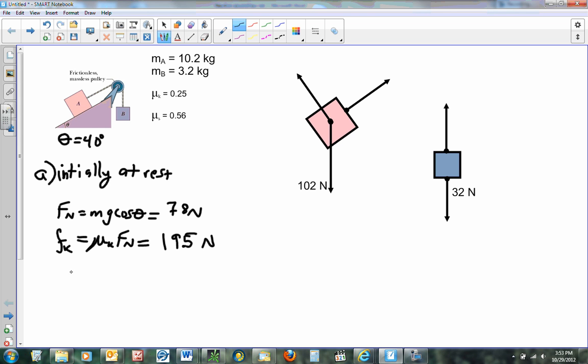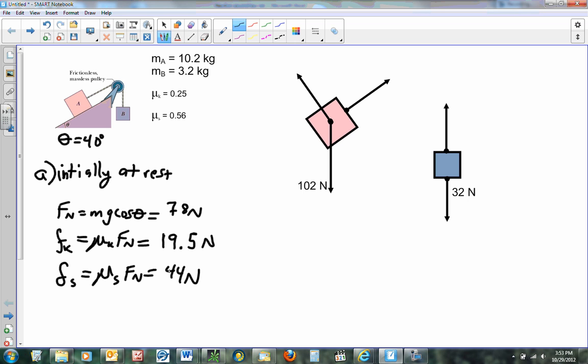And then they tell us the static friction, which is the coefficient of static friction times normal force: you're going to take 0.56 times 78, and you're going to get 44 newtons.